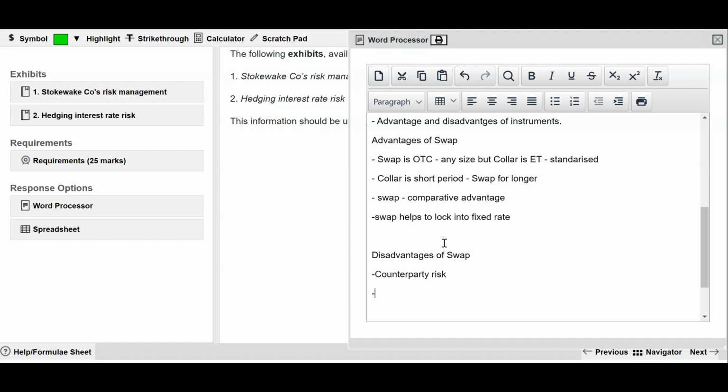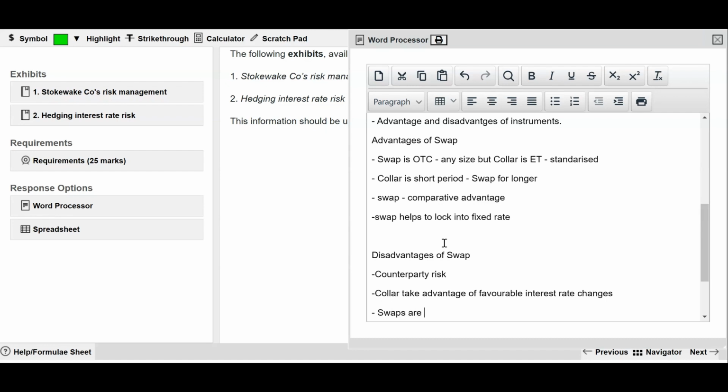So here further, what is the point? Further, we can add, documenting those points: collar could take advantage of favorable interest rate changes.